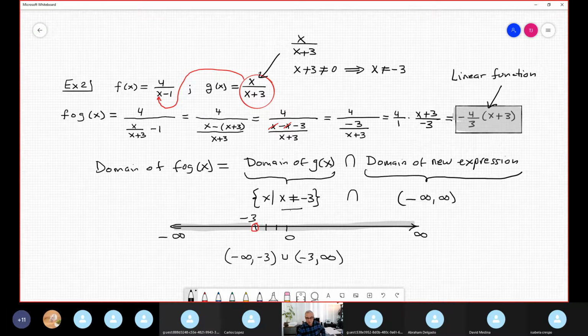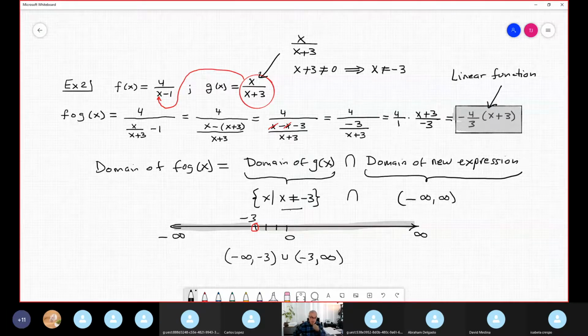In other words, guys, it's all real numbers except -3. -3 is the only restriction coming from G, because the new expression has no restriction. Do you understand this very well or no? Confusing or clear?